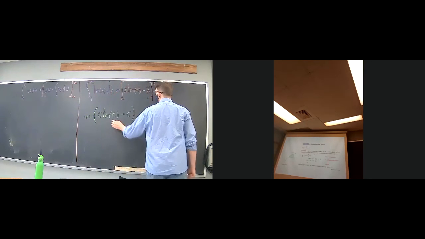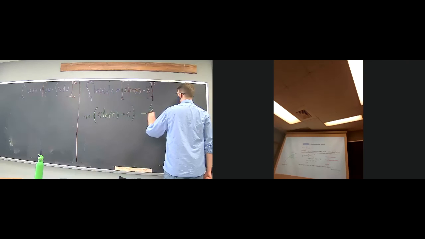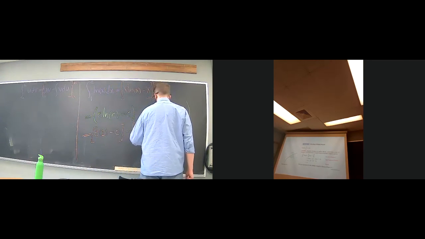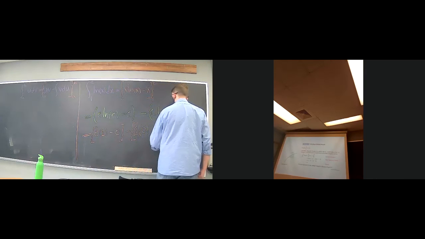So plugging in e, the ln of e, minus e, that quantity, minus 1, the ln of 1, minus 1, going to be e times 1 minus e, minus 1 times 0 minus 1, going to go to 0, and these are going to cancel, so we're going to be left with negative 1, or just 1.